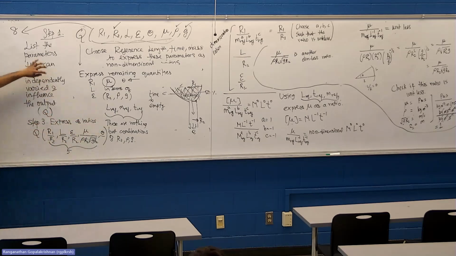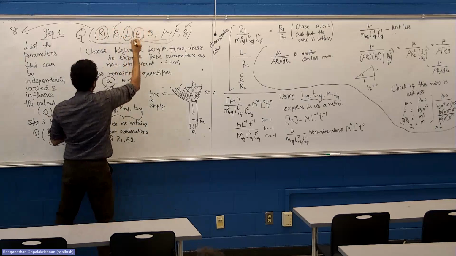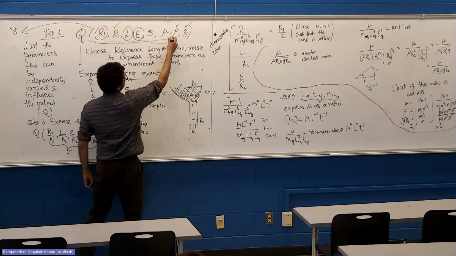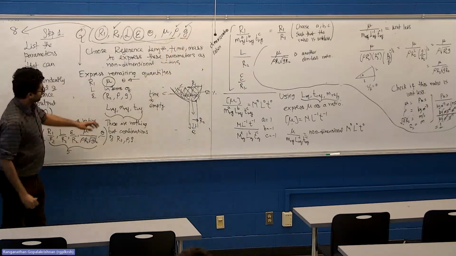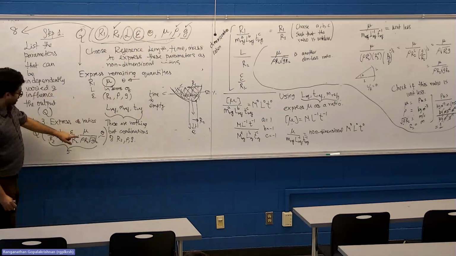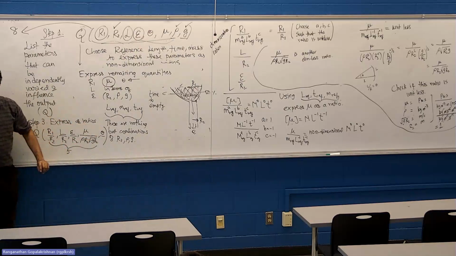So all the lengths that were previously in the problem have now been reduced to length ratios. The two quantities rho and g are used to get reference length and reference mass. So the remaining quantity viscosity is now expressed as a ratio, and then you have angle. So here is where it actually becomes useful.